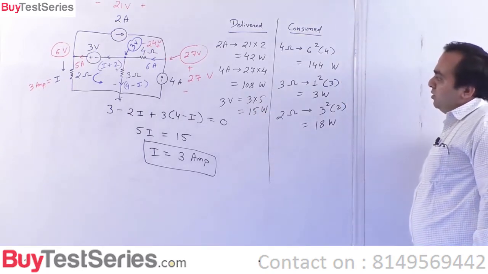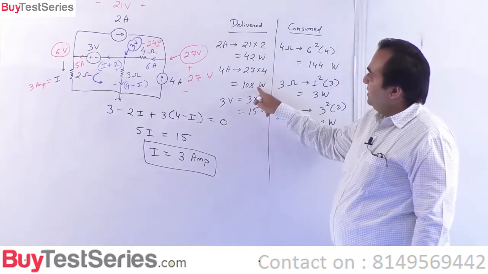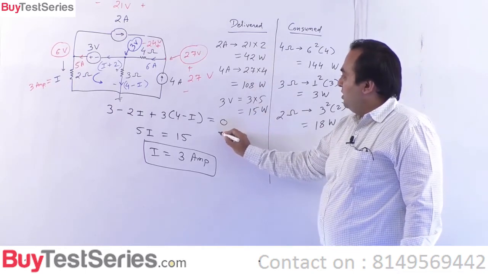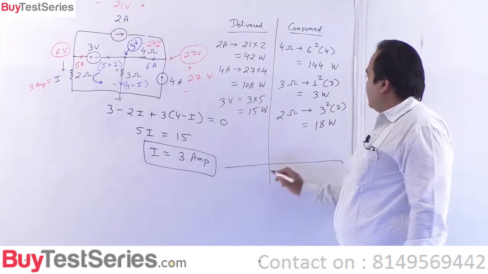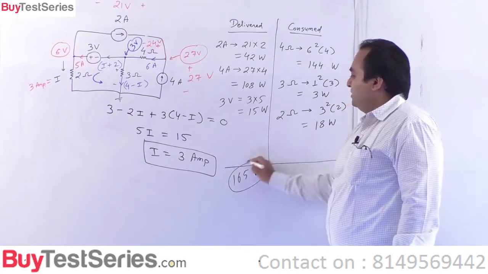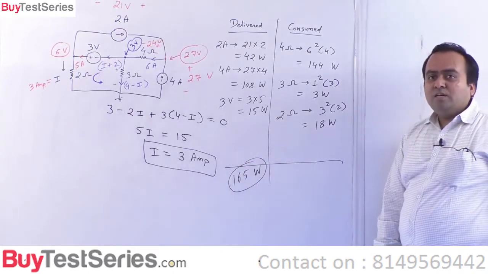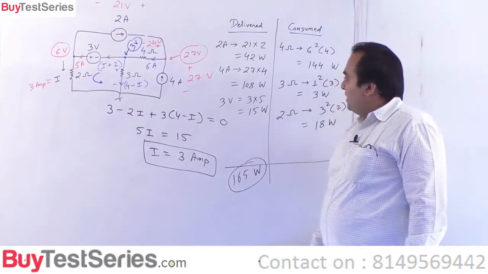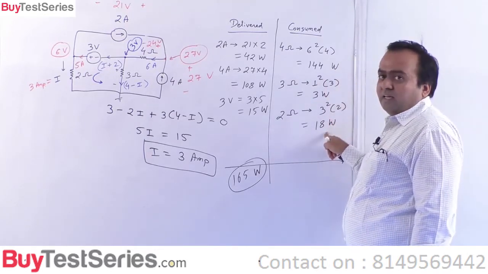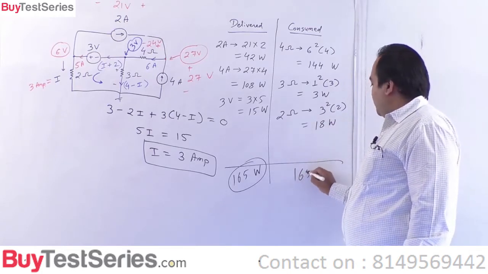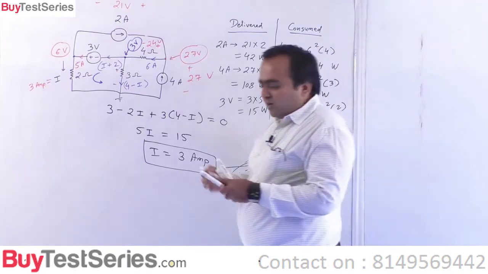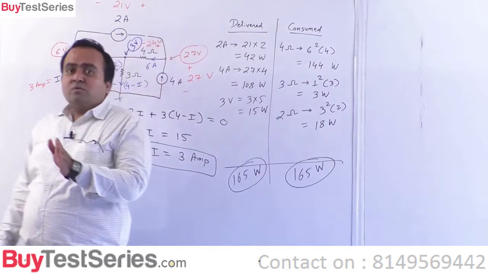Is this okay? The total of power comes out to be 165 watts. On this side, 144 plus 3 plus 18 also comes out to be 165 watts. Is this okay?